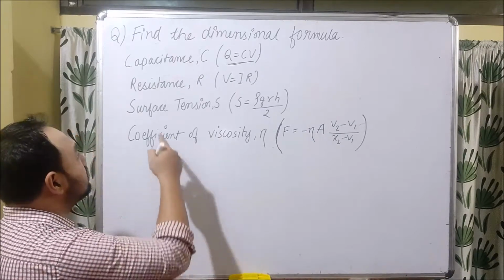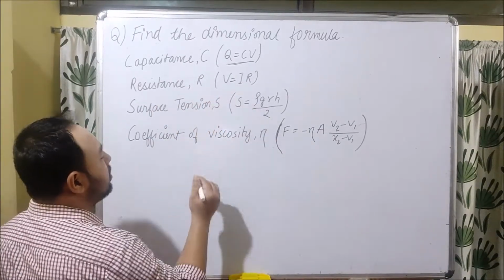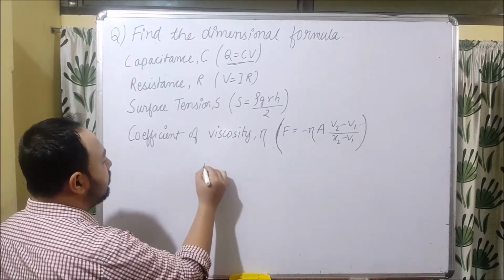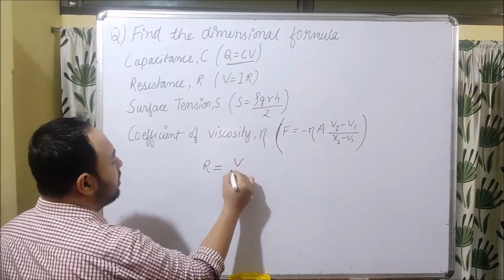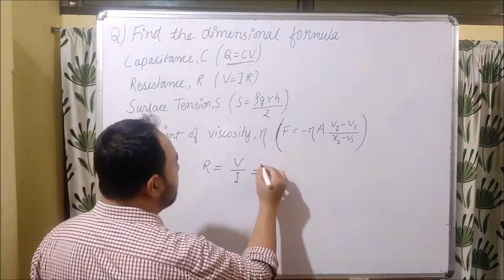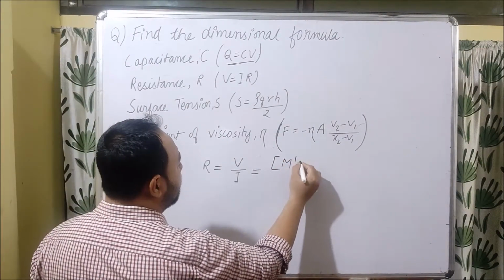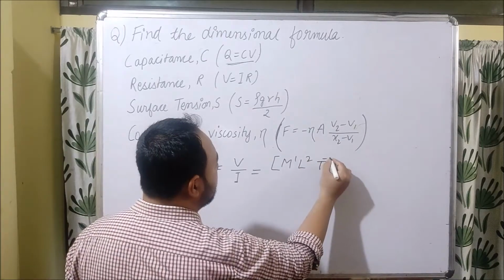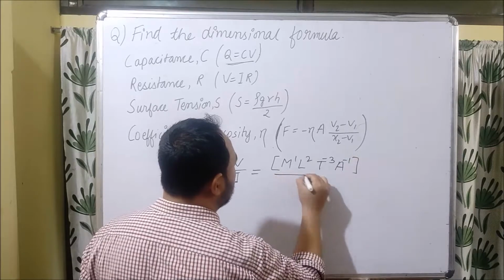So the next is resistance. Already the relation is given, V equal to IR, which is derived from Ohm's law. So from here you can find that R is equal to V by I. So for V it is M to the power 1, L to the power 2, T to the power minus 3, A to the power minus 1.